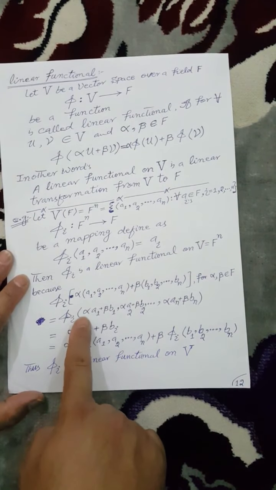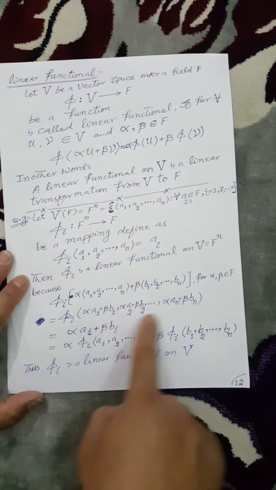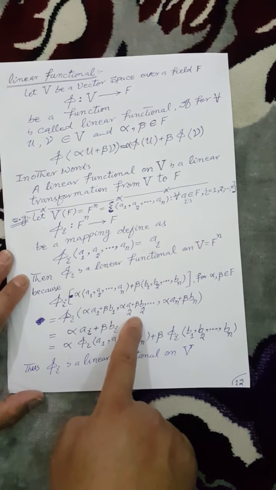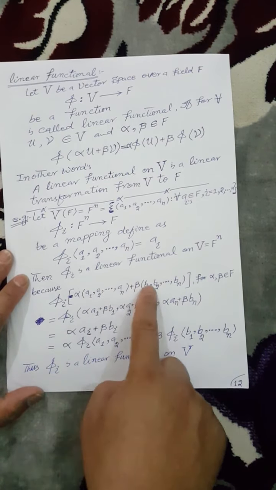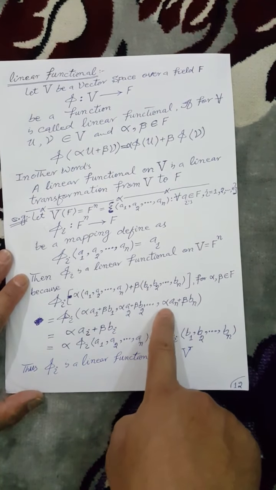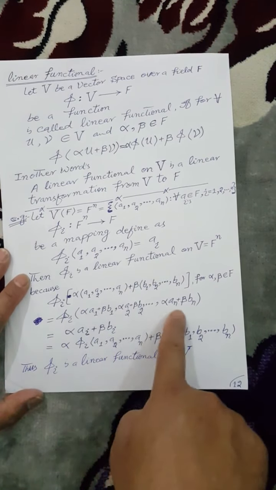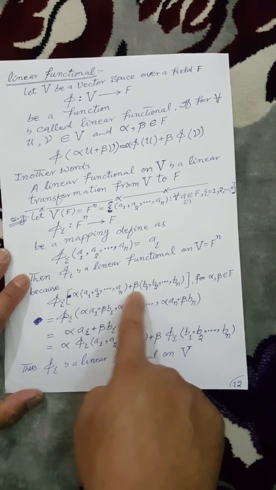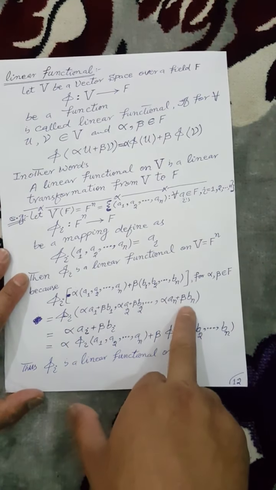Alpha a1 plus beta b1 is the first component of the resultant vector, alpha a2 plus beta b2 is the second component, and so on, and the last, the nth component of the resultant vector, is alpha an plus beta bn.